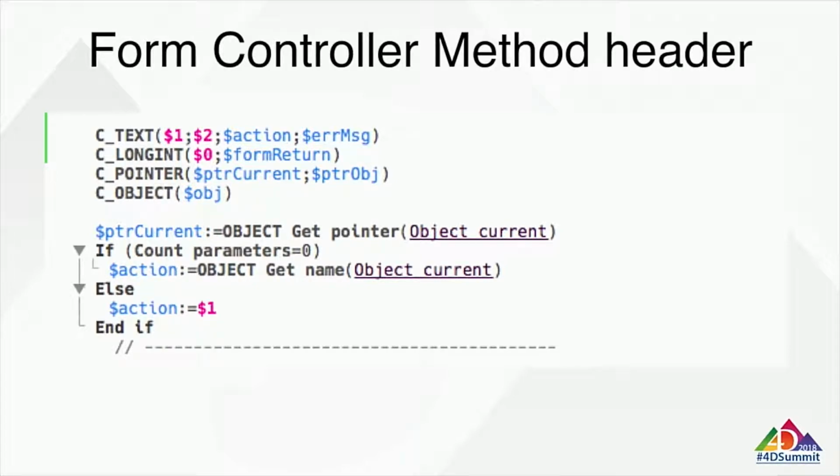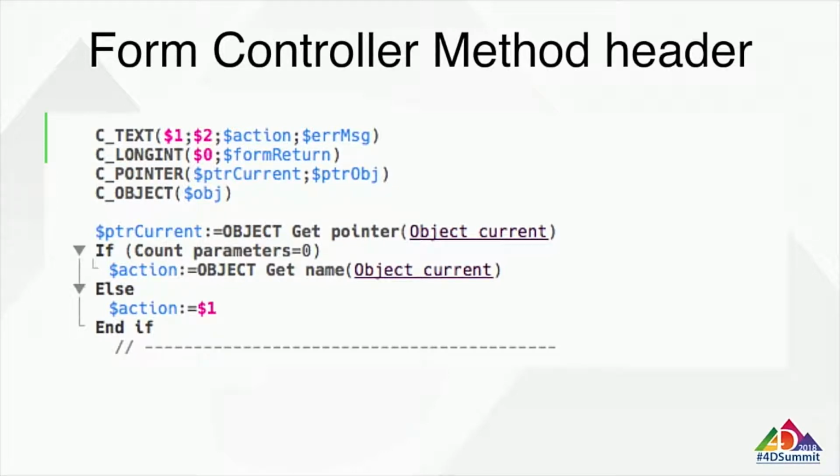A form controller is going to take 0, 1, or 2 parameters when it's called. 0 is important because if it's 0, I'm going to show you that by putting it in the object scripts of all your form objects, then this right here just pulls the name of whatever that object is into the form as what we're going to call the action.